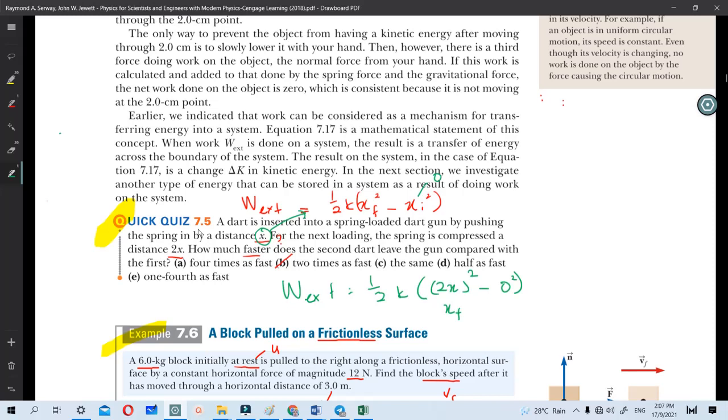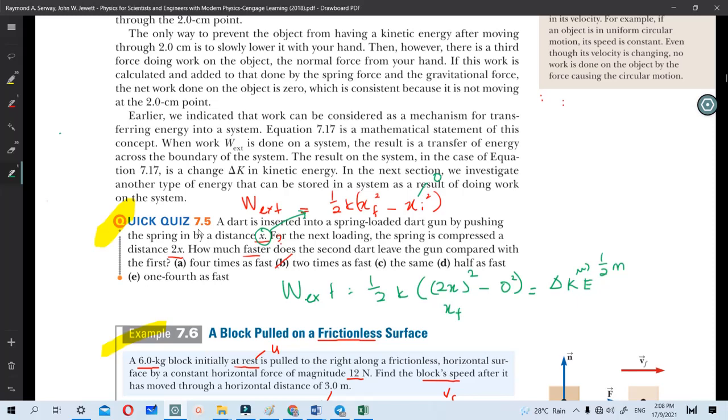Now, we are aware that both expressions are also equivalent to the change of kinetic energy. I am tempted to write it as change of KE, while the book tends to write change of K, both the same. And this is equivalent to half m V squared minus U squared.